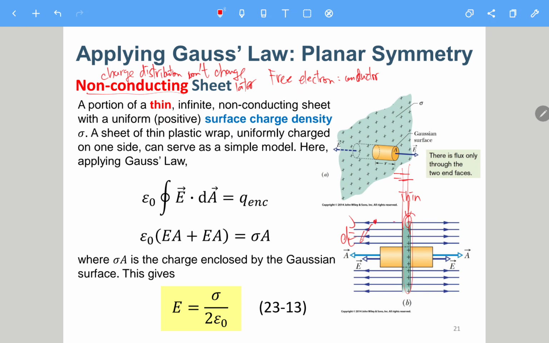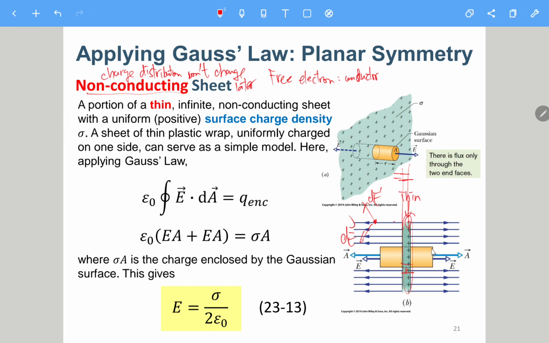And then you can always find the symmetric part to generate dE prime, which cancels the vertical component. So the E field must point in the horizontal direction. On the left side it points to the left, on the right side it points to the right for a positive charge sheet. If it is negative charge, the direction of the E field will be the other way around.